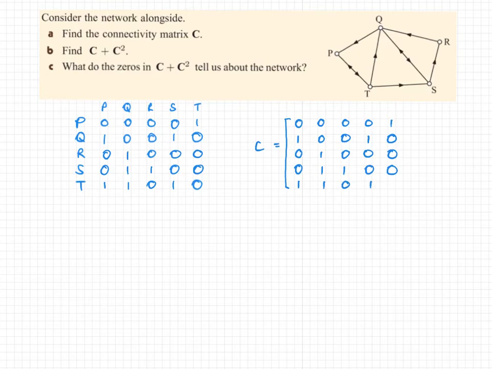Alright, so now what we want to do is find our value C plus C squared. So what we do is, using our graphics calculator, we're still going to put our matrix in on our graphics calculator, which is going to consist of a 5 by 5 matrix. And when we return from that on our calculator in the run menu, we're going to use shift 2 to get our matrix.